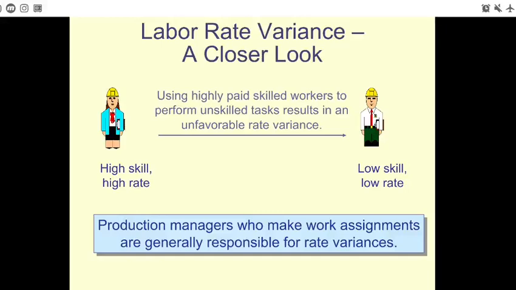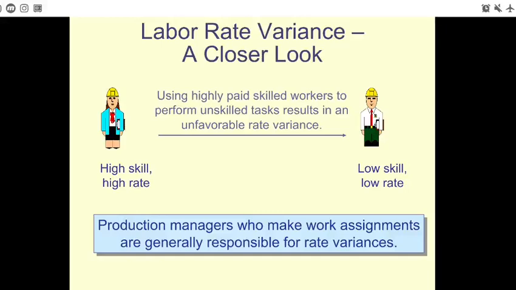But there is also a weakness. If you hire highly qualified workers, you pay more to them, but maybe they are more efficient and effective in doing their work.